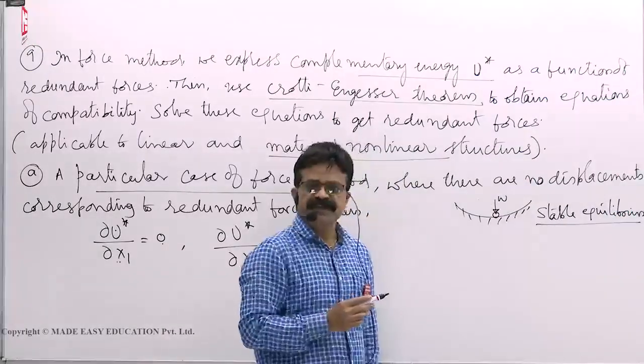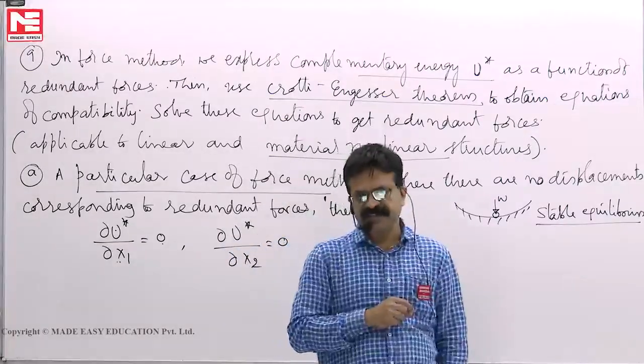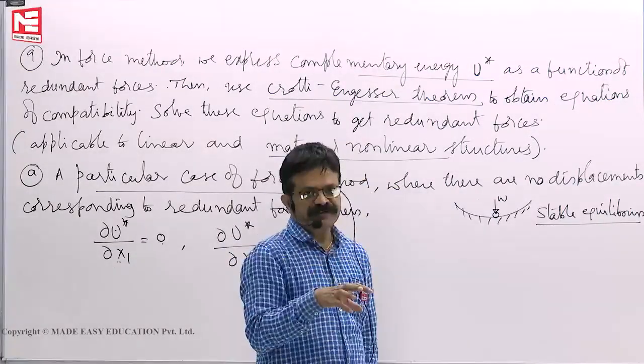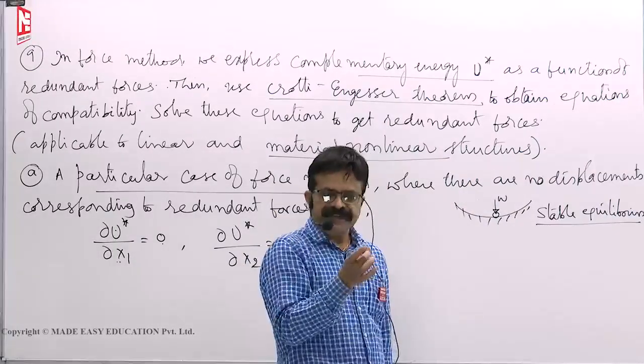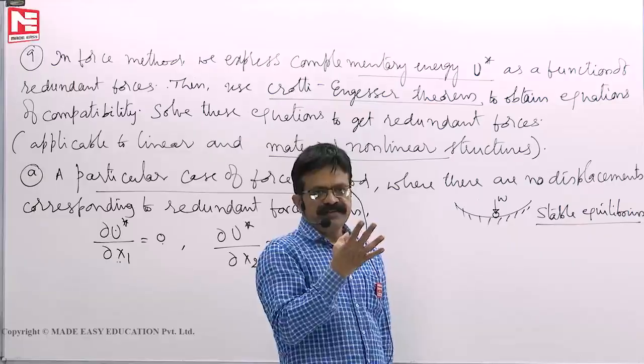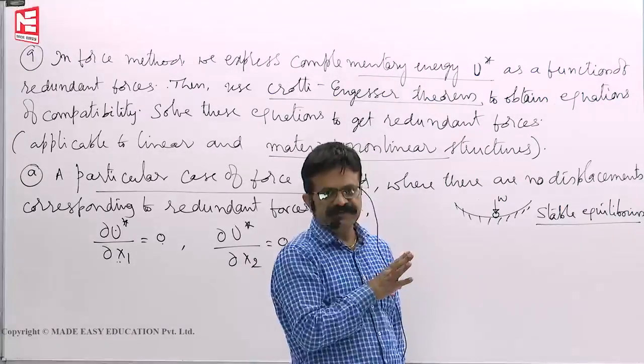Stable equilibrium means what? Strength of materials sir might have told you in the columns and struts chapter, types of equilibrium. Stable equilibrium means if a body which is in equilibrium is displaced, and it comes back to its original position, it is called stable equilibrium.